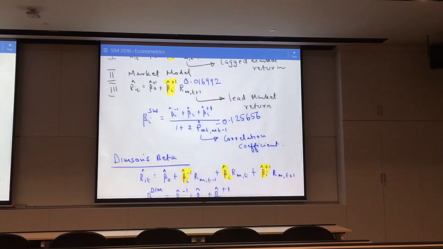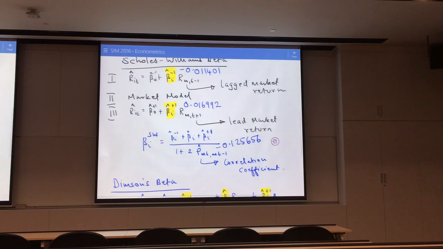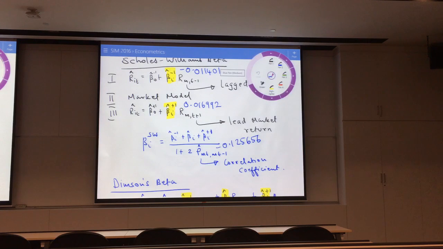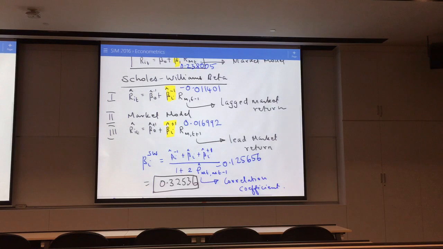Now with these values we can find the Scholes-Williams beta. Can you substitute all these four values and see whether you get this answer? This will be your beta SW.